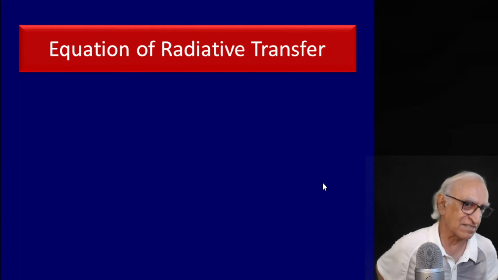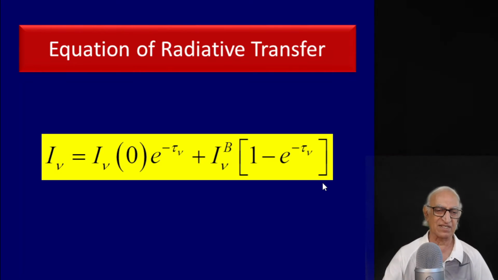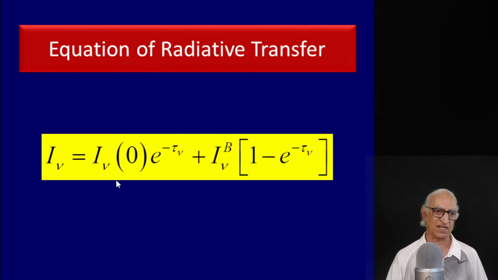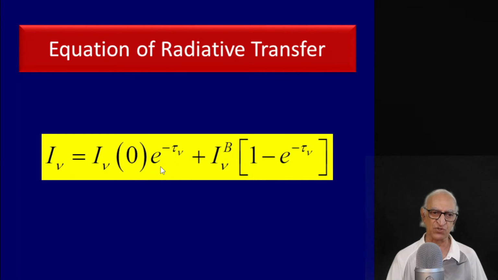So let us end this discussion by once again looking at the equation of radiative transfer. There are two terms. I nu 0 is the incident intensity on the medium. That is attenuated by a factor e to the power minus tau nu by the medium. The medium is at a certain temperature T. If the medium were optically thick and opaque, it will contribute the black body intensity I nu b at that frequency, but it is not opaque.